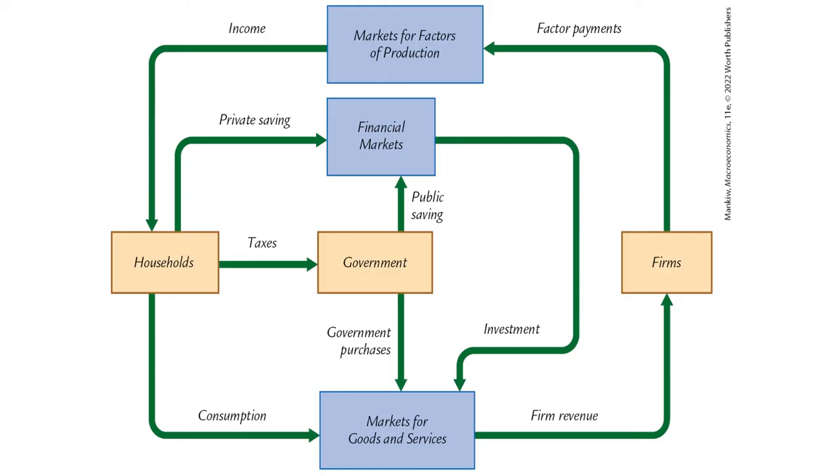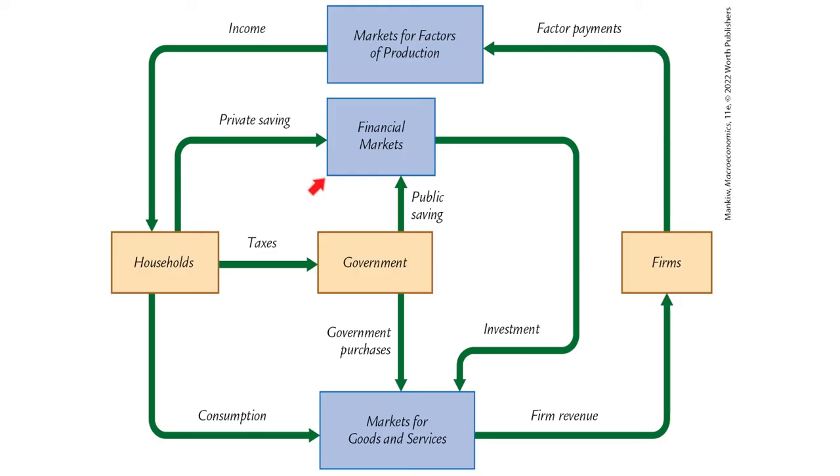Then we're going to turn to the demand side of the economy, which describes the interactions of households, firms, and the government in the market for goods and services. It's going to talk about how households decide to consume things, how firms decide to invest in final goods and services, and how the government decides to purchase things.